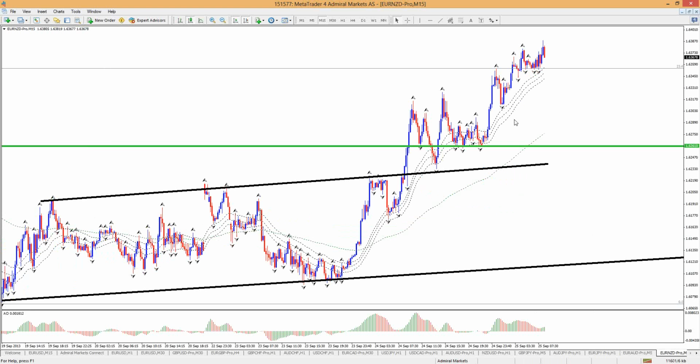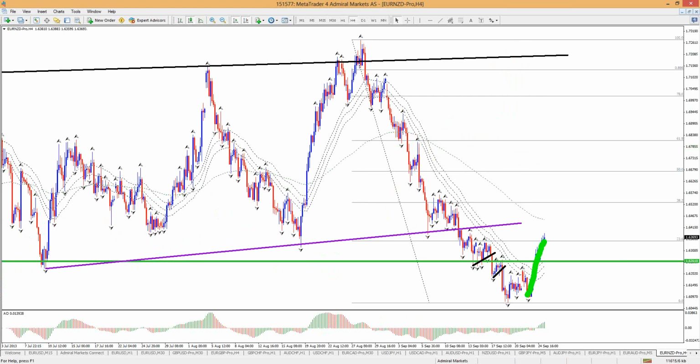Euro New Zealand, my idea actually was a reversal trade on the Euro New Zealand. The reason for that is, although I think there's more upside left, there is a potential of a hook back and then up to the 0.382 and then maybe the 50 fib. But we could keep pushing, maybe up to the long-term moving average.